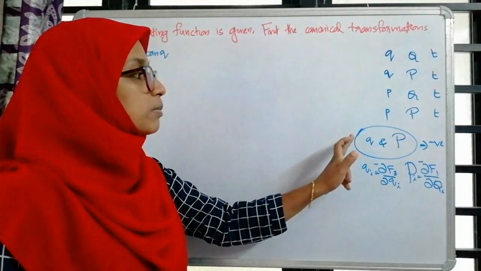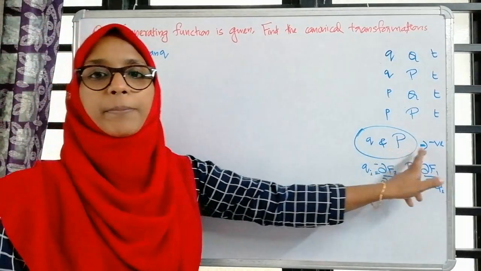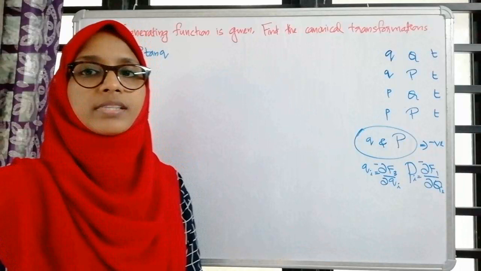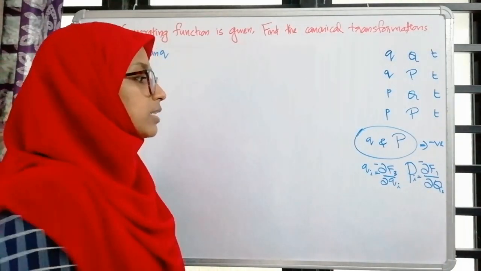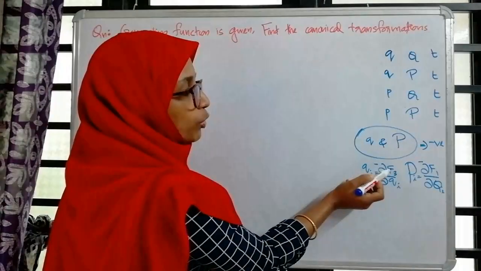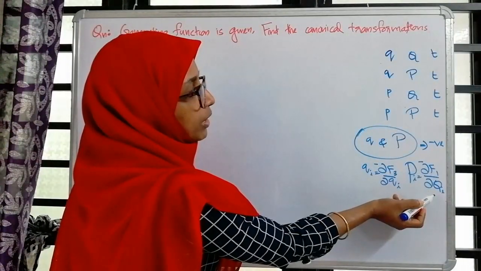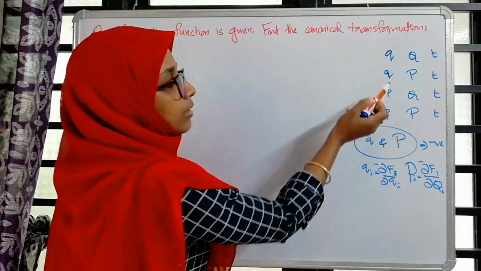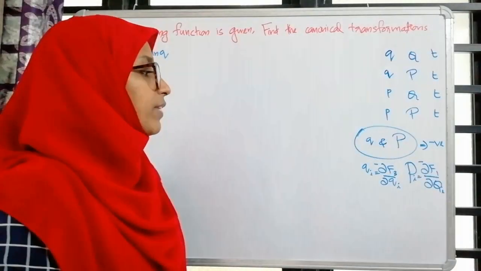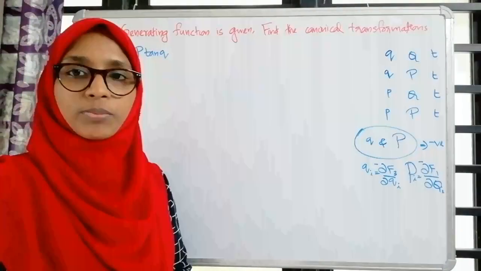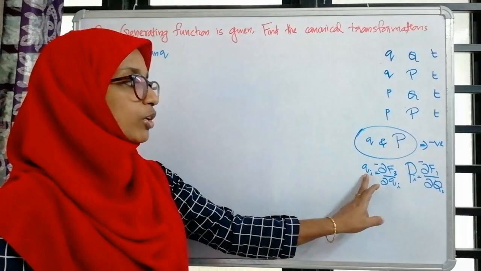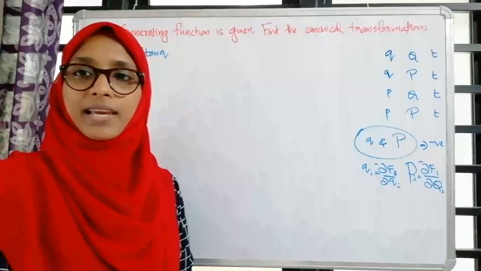In that, small q and capital P will have only a negative sign on their RHS. For example, q_i is equal to minus dF3 by dp_i and P_i is equal to minus dF1 by dQ_i, and similarly in the other cases we get the negative sign only for small q_i and capital P_i.